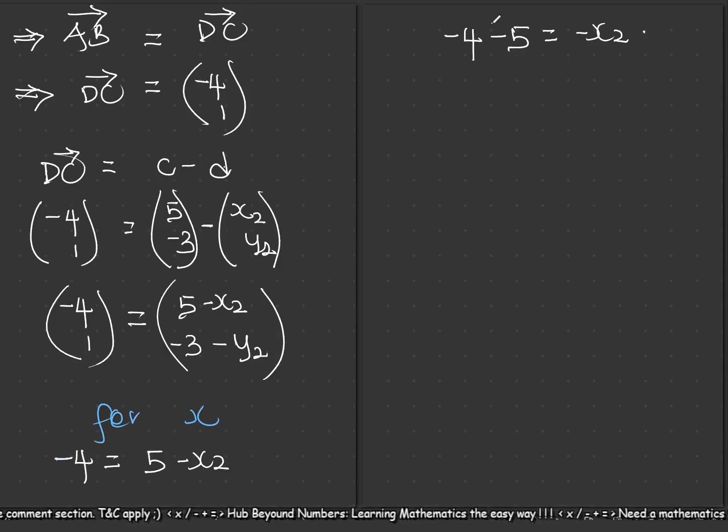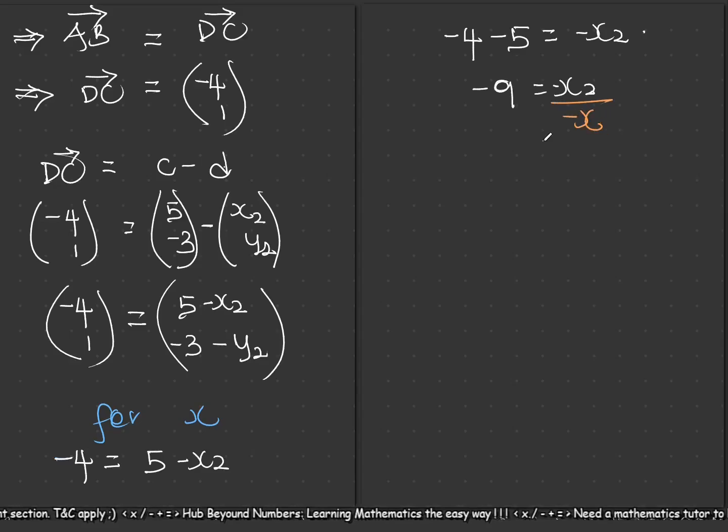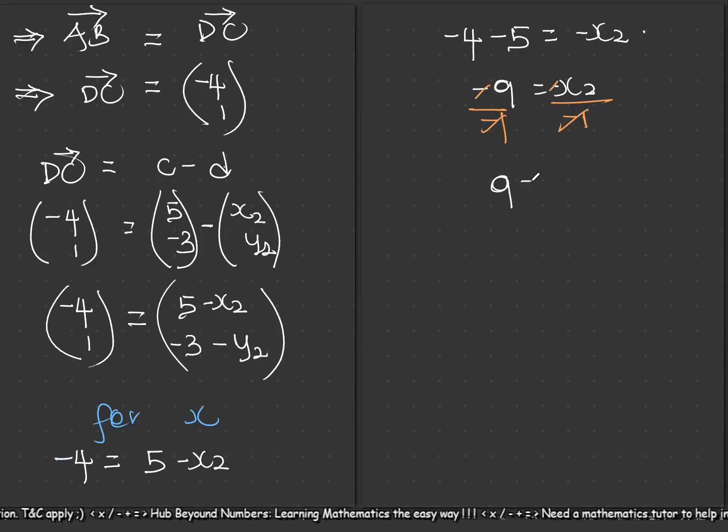Hence -4 minus 5, which is -9, equals -x2. Since it is x we want and not negative x, we divide both sides by -1, and the negatives cancel out. So x2 is equal to 9.